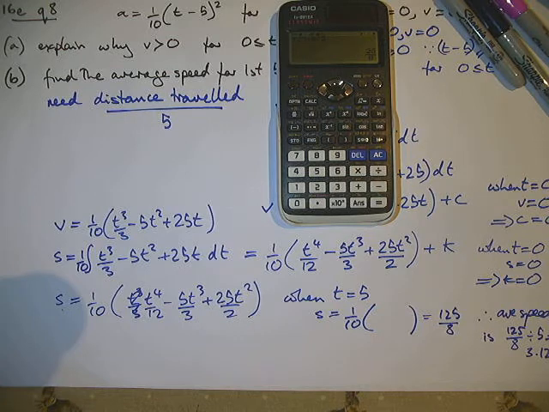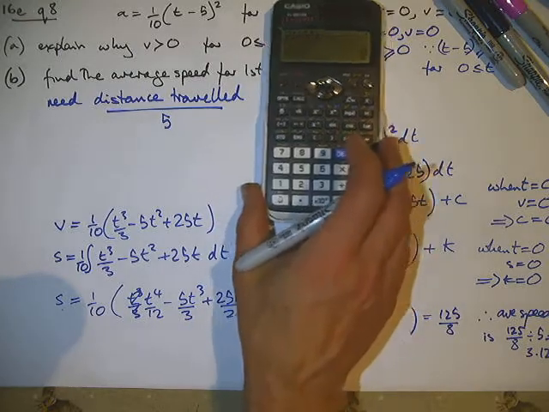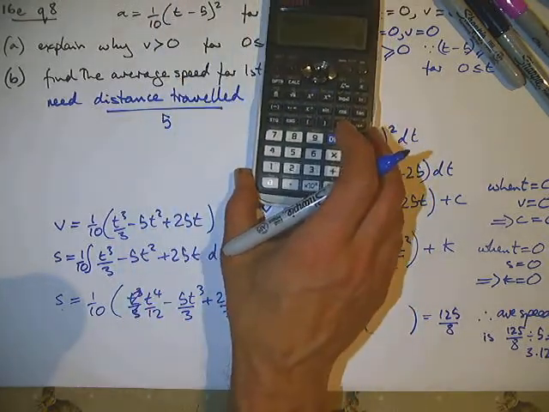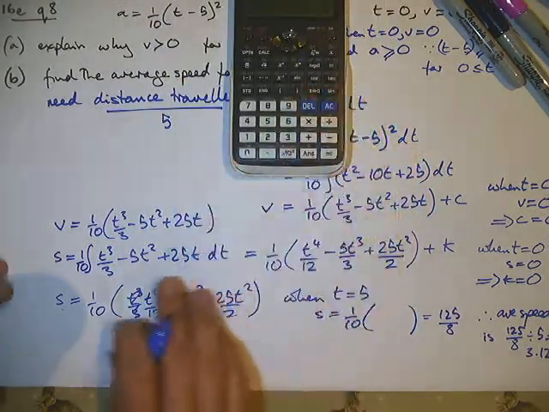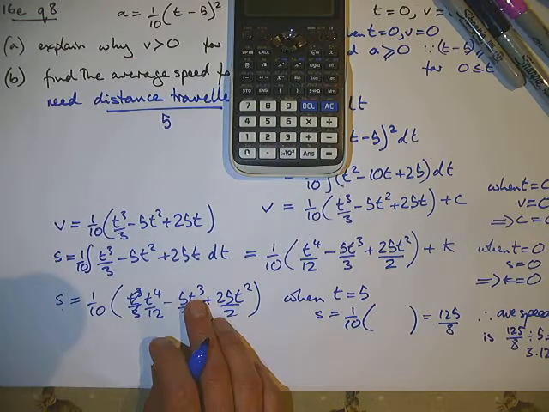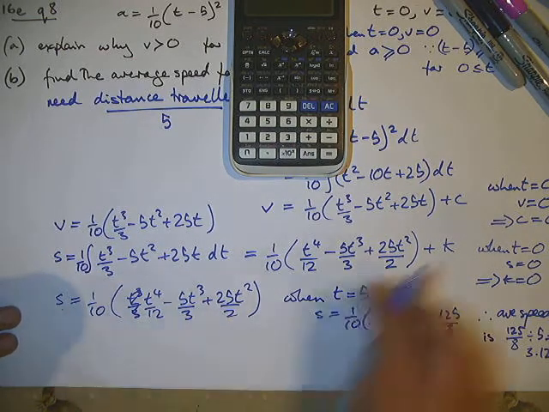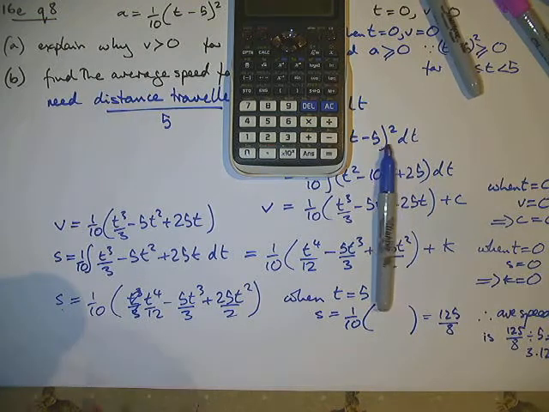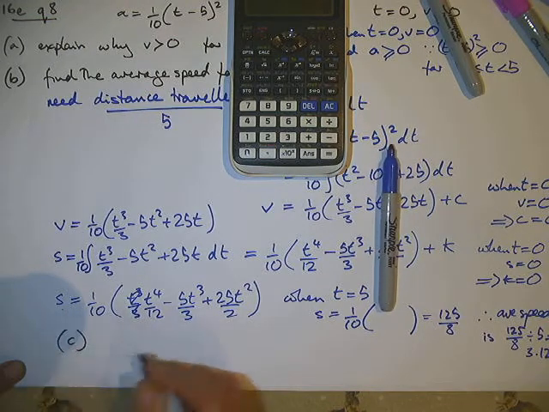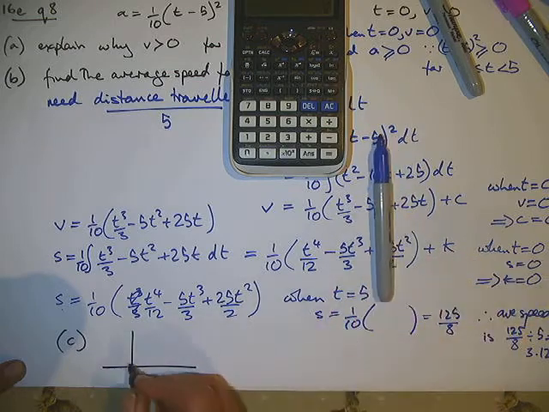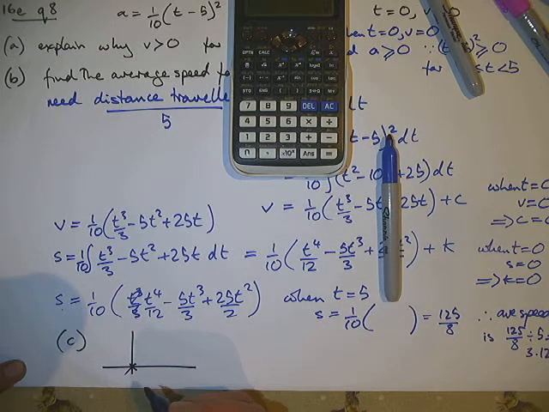Part C is strange. By sketching the graph of v, show there's a value of t at which the instantaneous speed equals the average speed. So the graph of the velocity, we know it starts at 0.